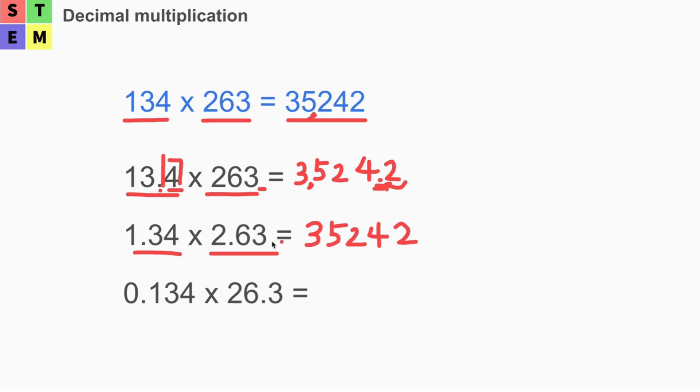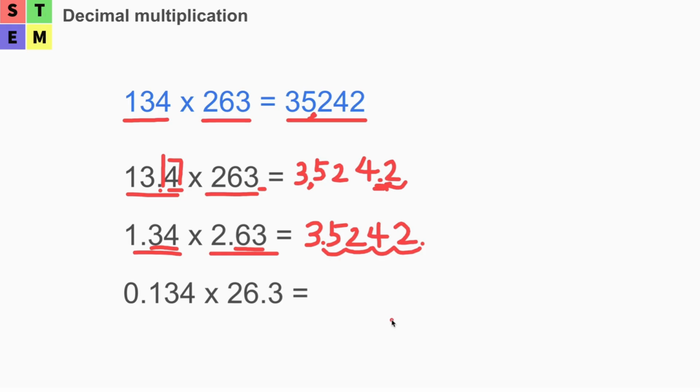Think about it. So again, we got 2 digits here, we got 2 digits here. So 1, 2, 3, 4, right? So starting from here, 1, 2, 3, 4. Okay, so the point will be here: 3.5242.